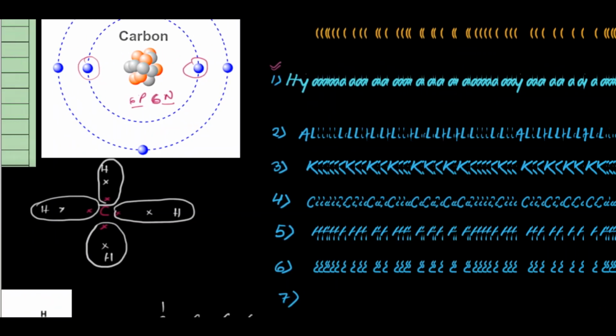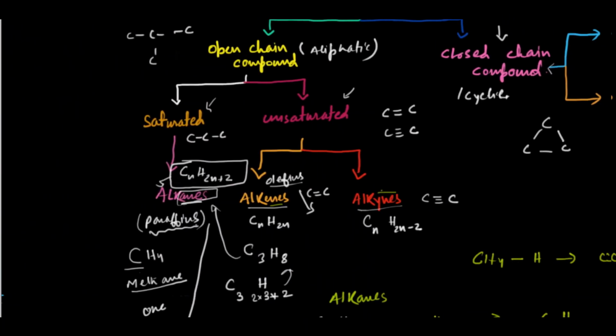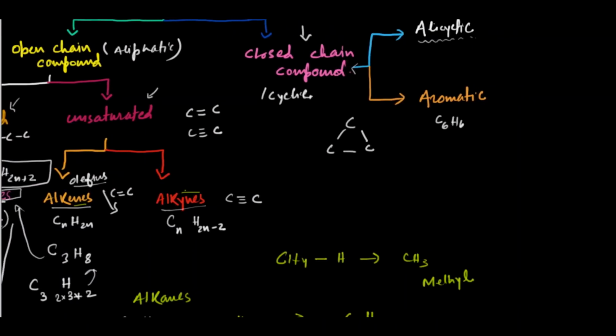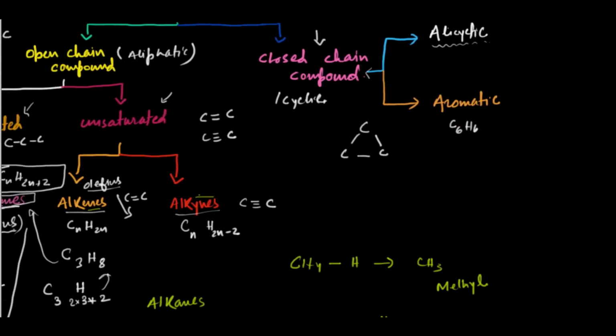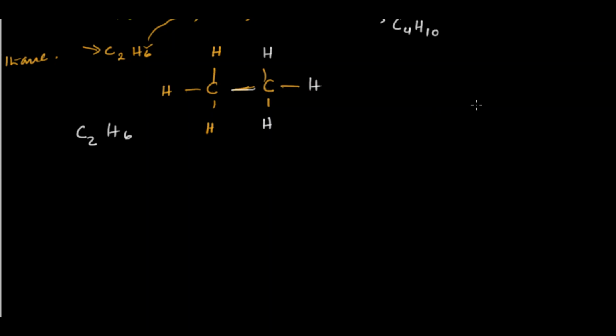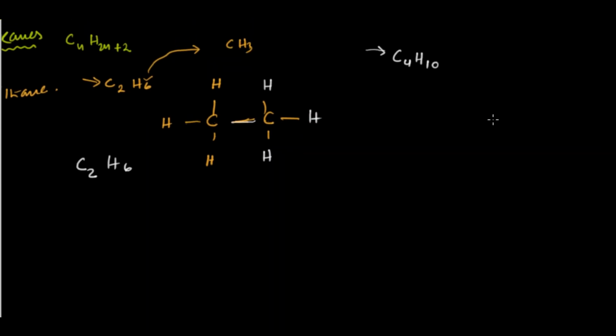We write B-U-T, but actually we call it but. So whenever there are 4 carbons, we call this but.